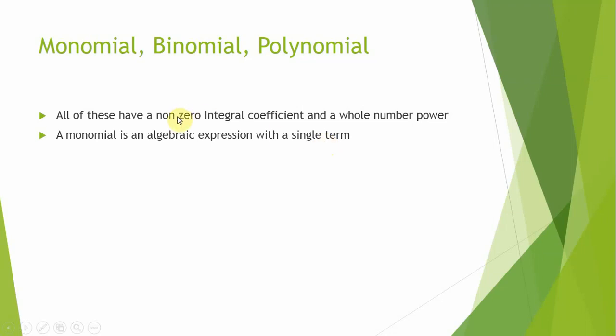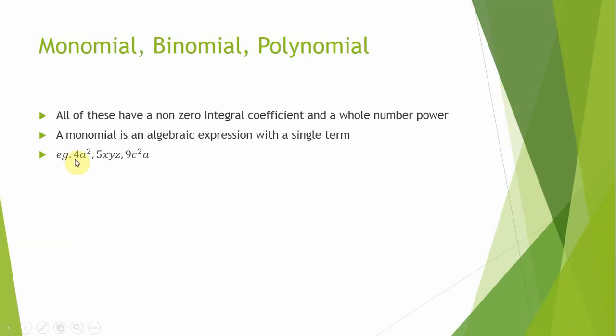So it also has a non-zero integral coefficient and a whole number power. An example would be 4a squared, 5xyz, 9c squared a. So all of these are algebraic expressions with a single term. If you're not sure what terms are, you can refer to my previous video on algebraic expressions and algebraic equations.